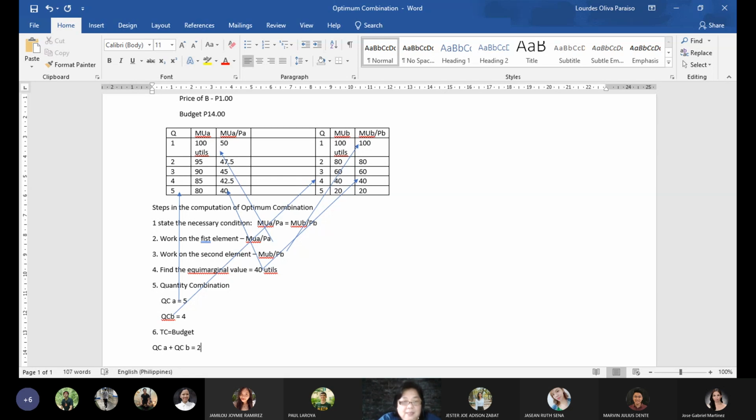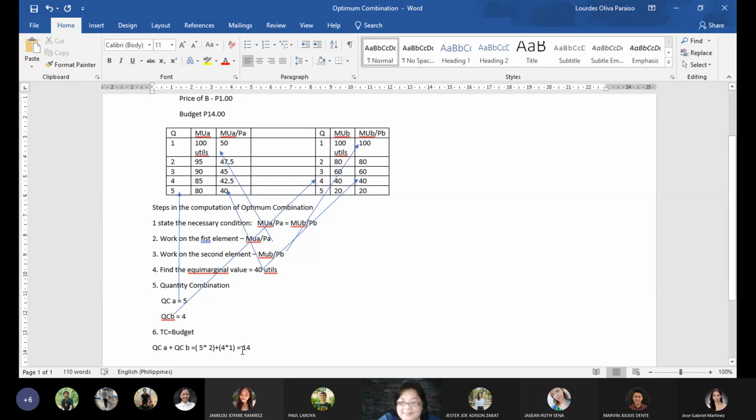5. How much is the price of good A? 2 pesos. So you have 5 times 2 pesos, plus 4 times, and then that is equal to 14 pesos.